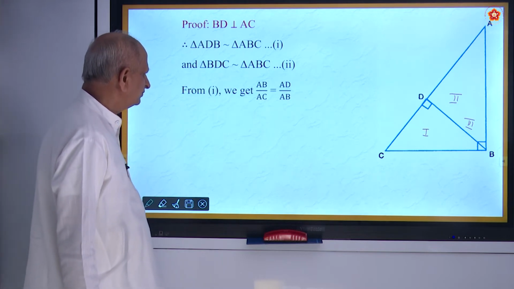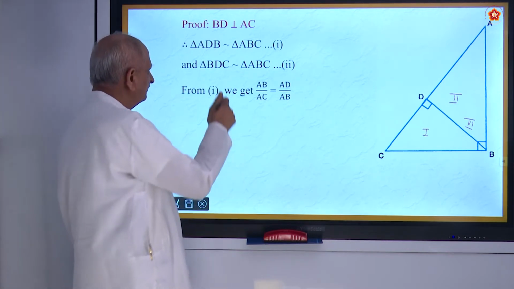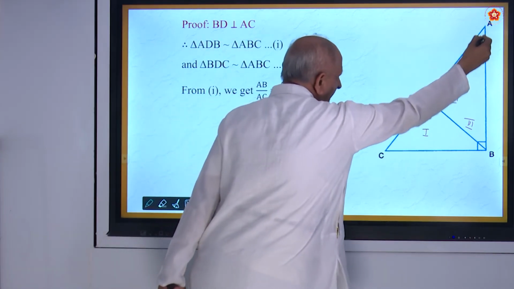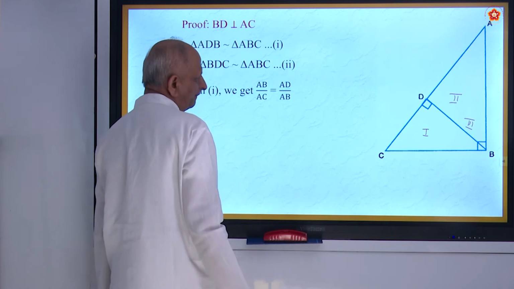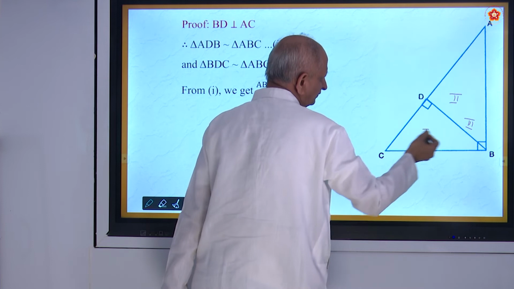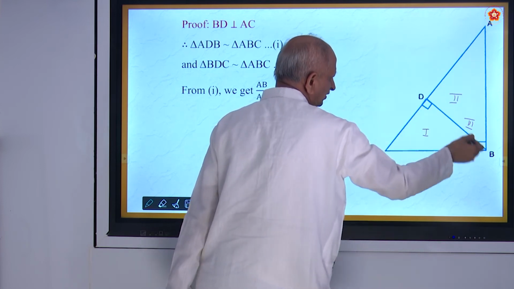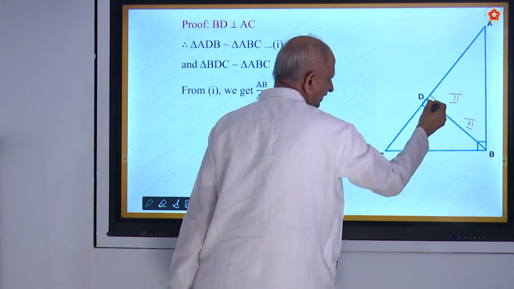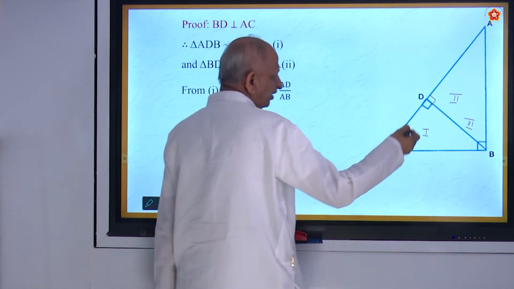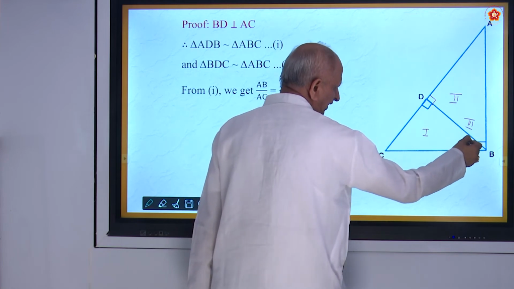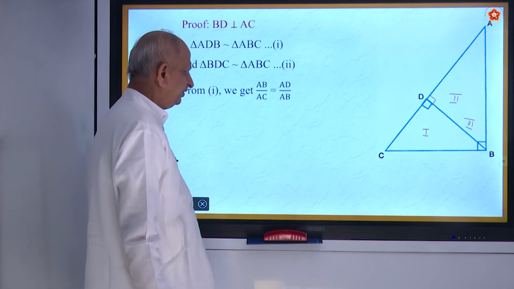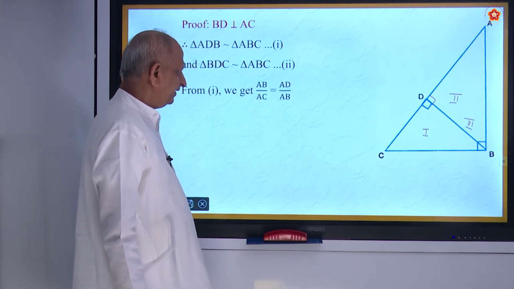So we have in this first triangle, side AB by side AC. This is AC. So side AB is got because it is a perpendicular, side opposite to the perpendicular of this big triangle, namely AC. So AB by AC is equal to AD by AB.